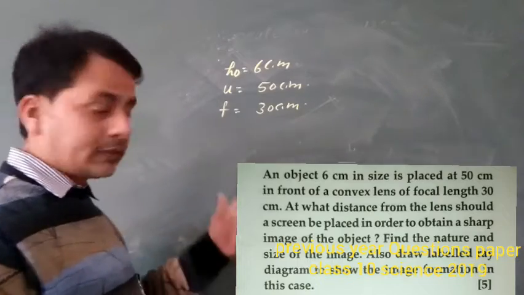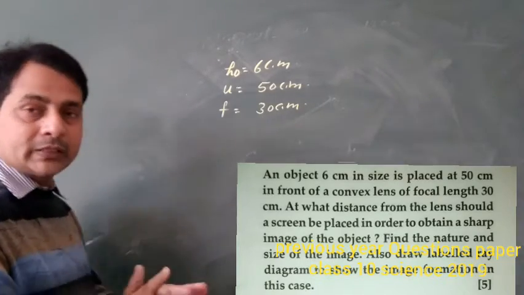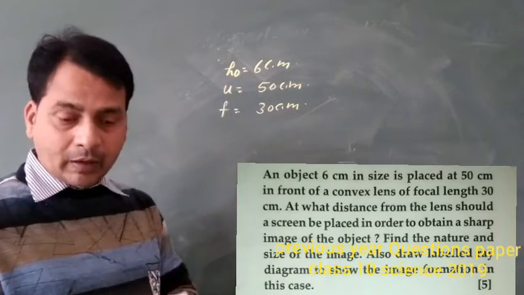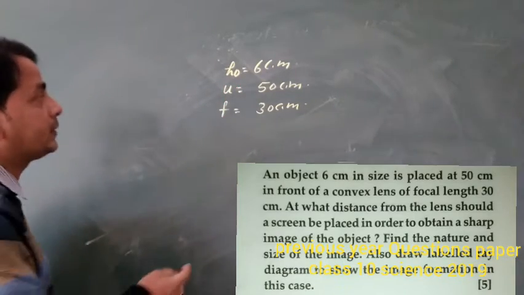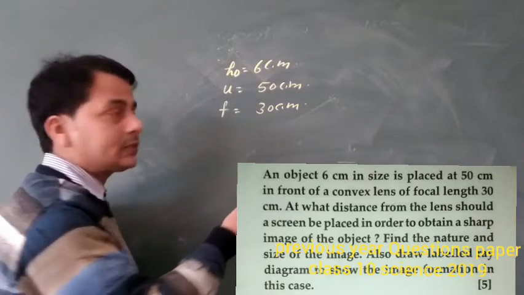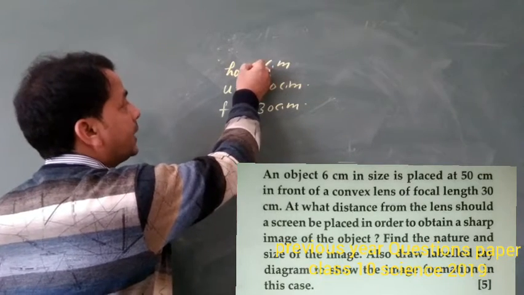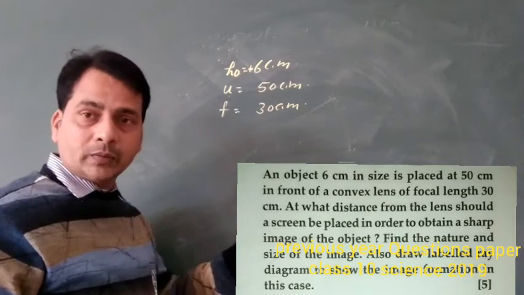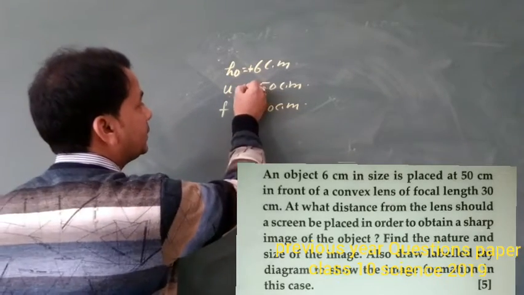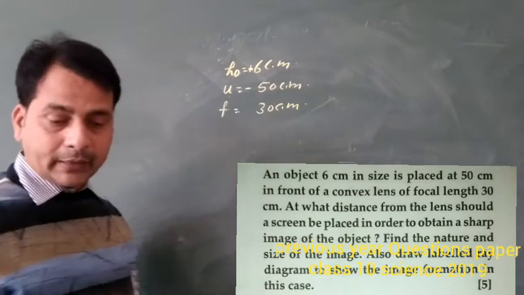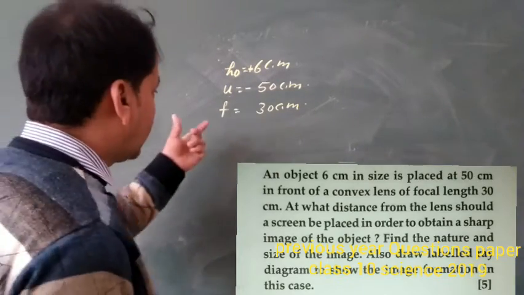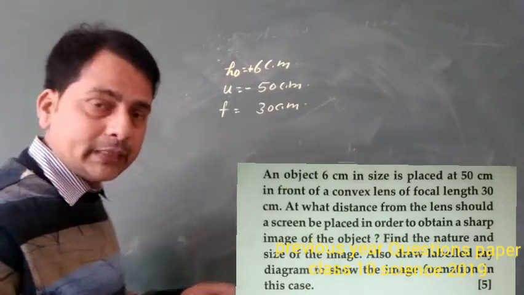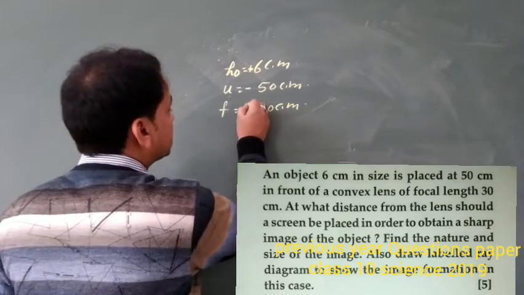So here we apply the sign convention. The height of the object is plus 6 centimeter. The object distance is negative, that is minus, and since the lens is a convex lens, the focal length is plus.